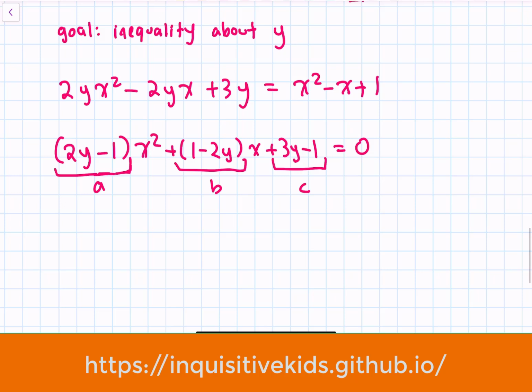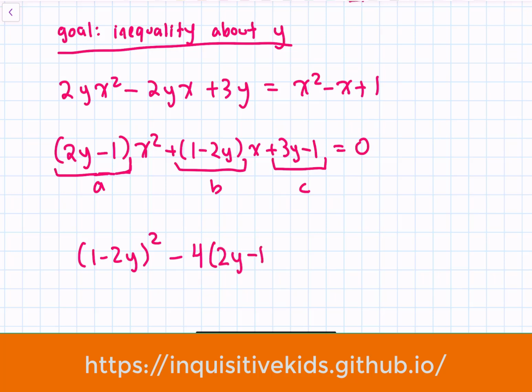Now we can use what we know about the discriminant, because if we're trying to find an inequality about y, the discriminant itself is an inequality, so we can use that to help us. In this case, we have b squared, which is 1 minus 2y squared, minus 4 times a times c, is greater or equal to 0.